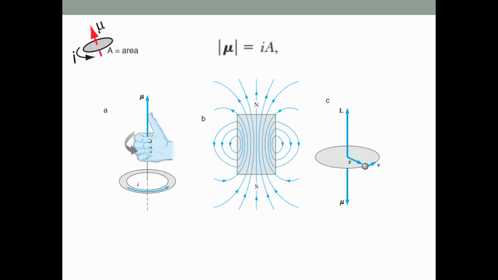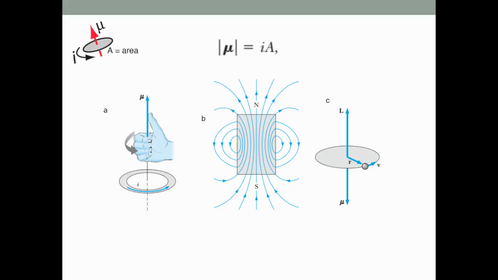To calculate the magnetic moment of an orbiting charge, the moment mu of the loop is mu equal to I times A, where I is the current and A is the area bounded by the loop.